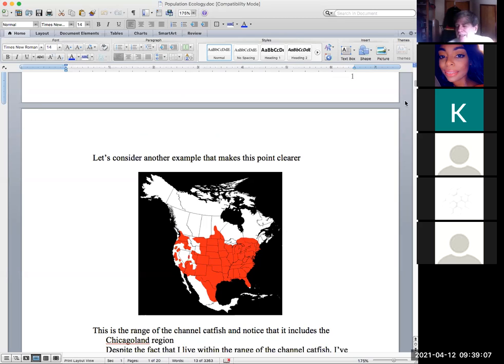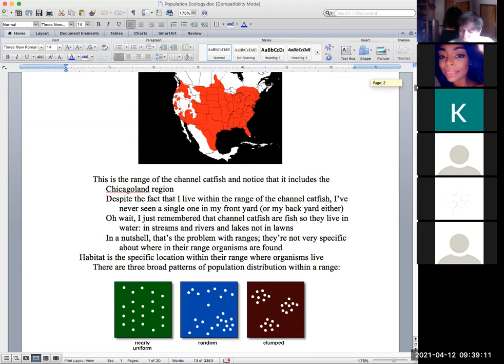If we want a more specific example of where an organism lives, we're talking about something called habitat. Habitat is the specific location within their range where animals live. So for stone roller minnows, their range would look pretty similar to the channel catfish.